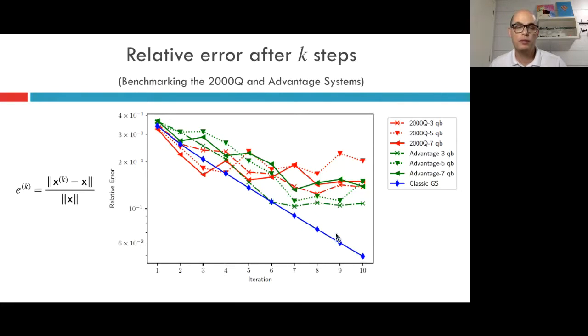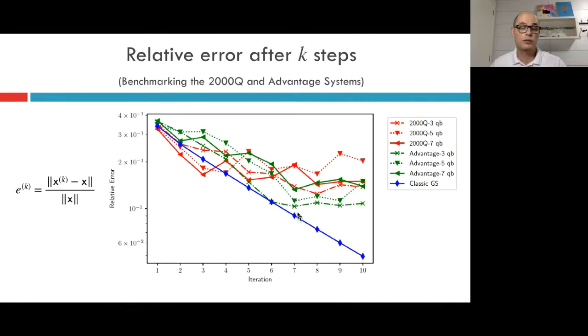We believe that this is because we are using a limited number of qubits of precision. In this case, we use 3, 5, and 7 qubits of precision to obtain these solutions, while in the classical case, we use the double precision of classical computers.